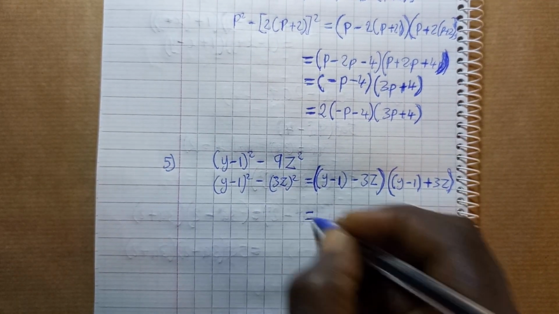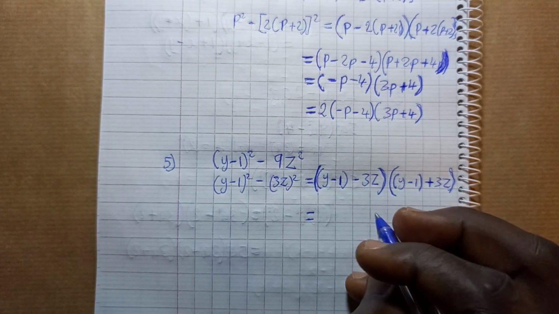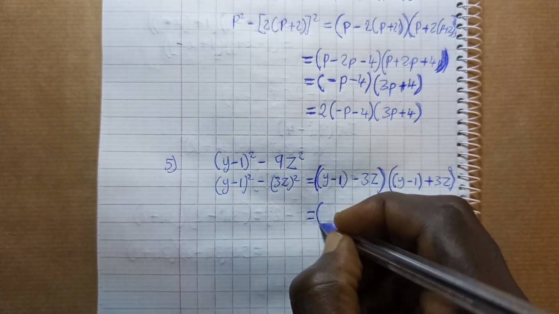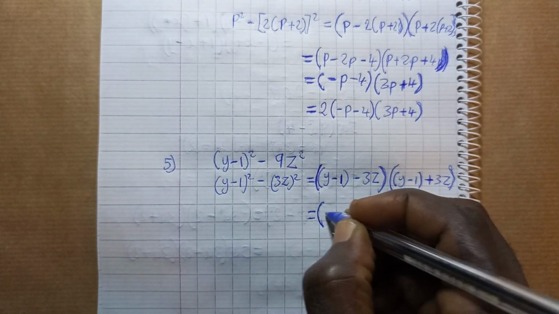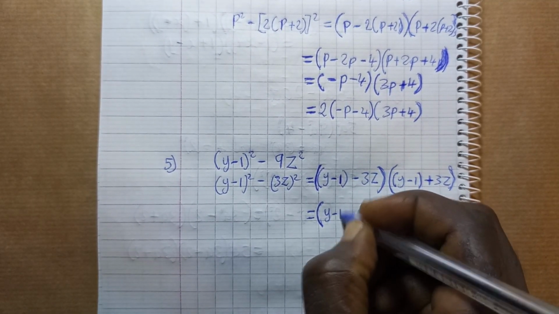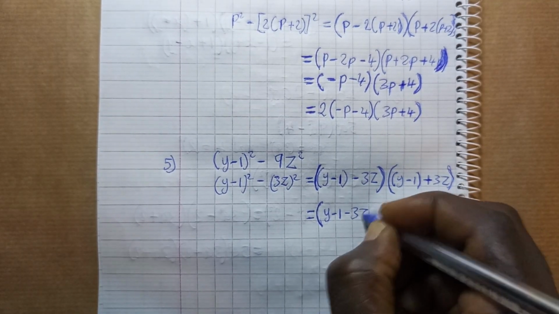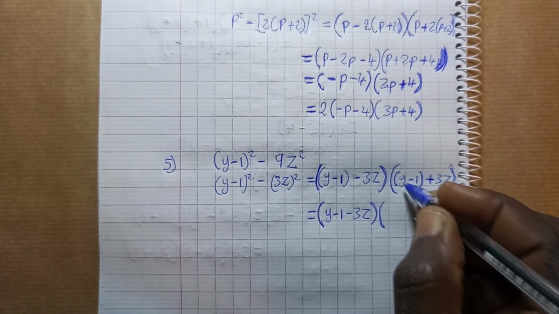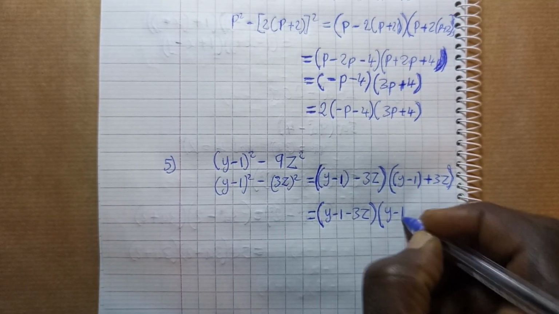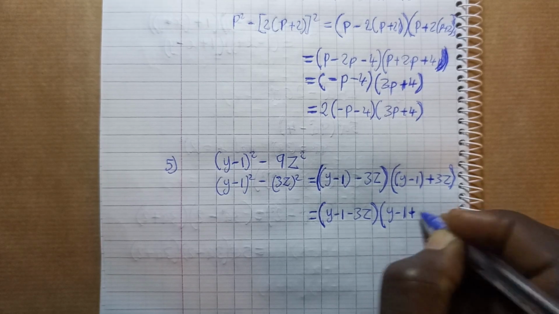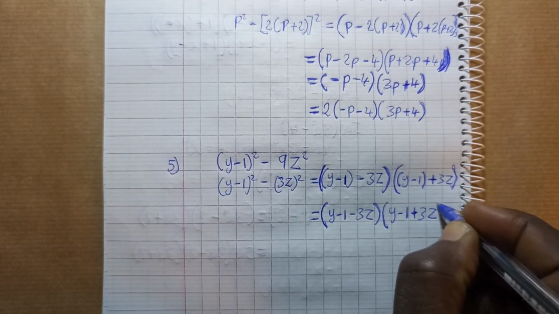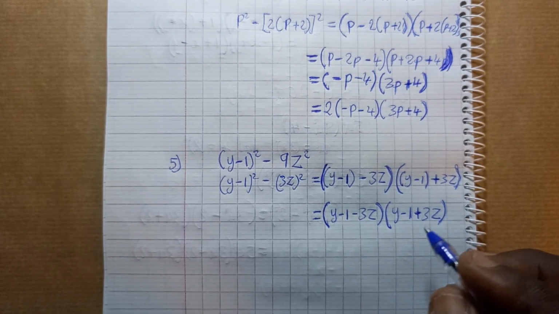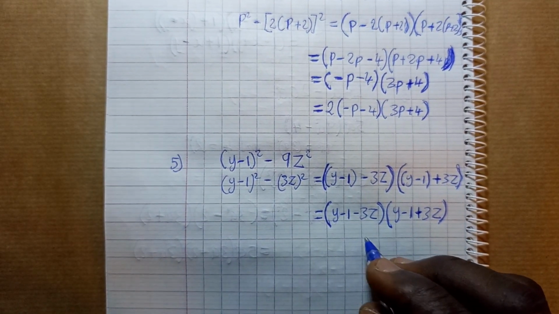That is equal to, now I want to break the smaller brackets: y minus 1 minus 3z, then open the other bracket, we have y minus 1 plus 3z. So this is the answer to number 5.